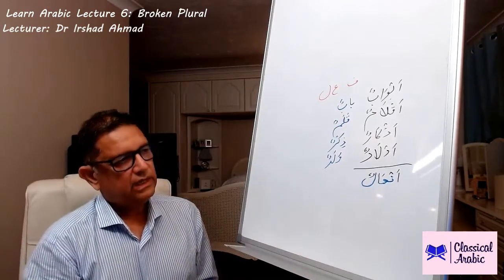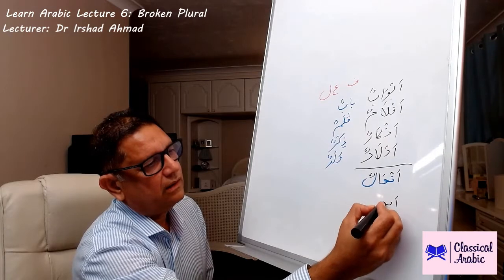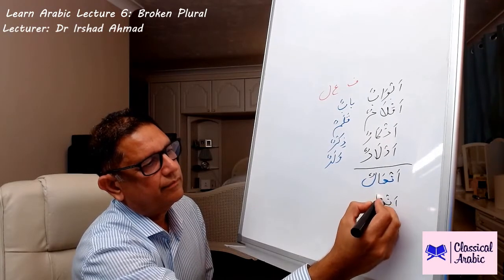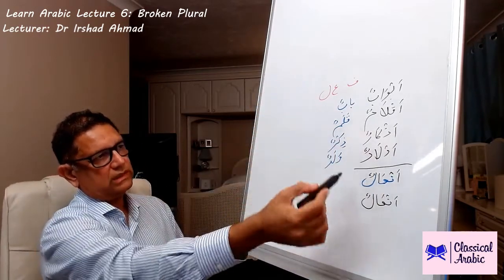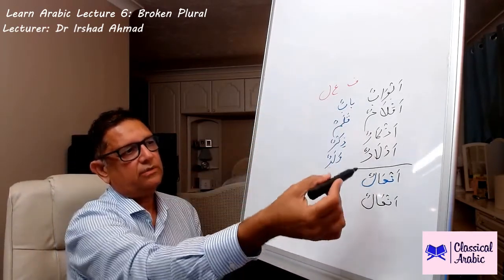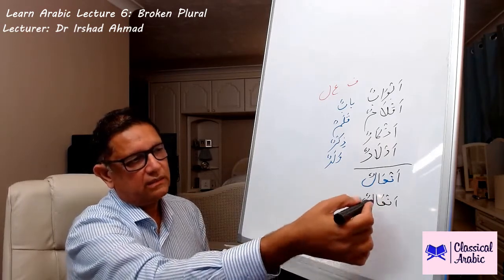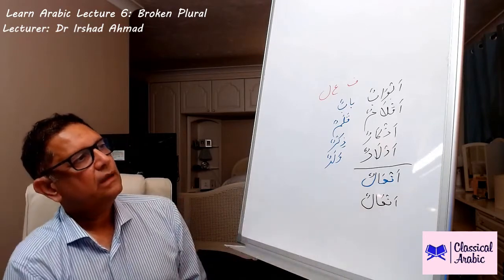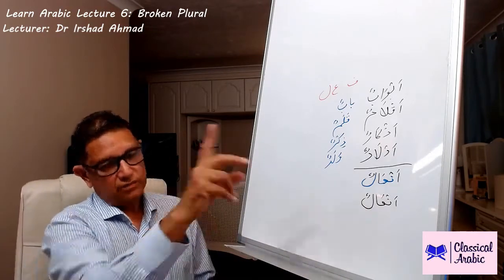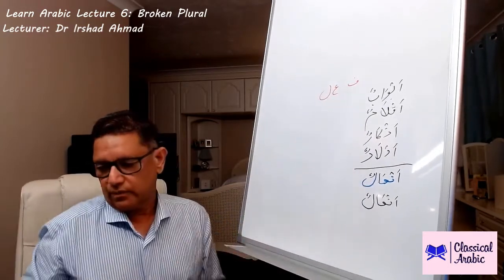So we have generated this pattern, which is af'alun. All these words, and there are many more in this category, fit in this pattern af'alun. So that's one pattern. Let us look at some more words.